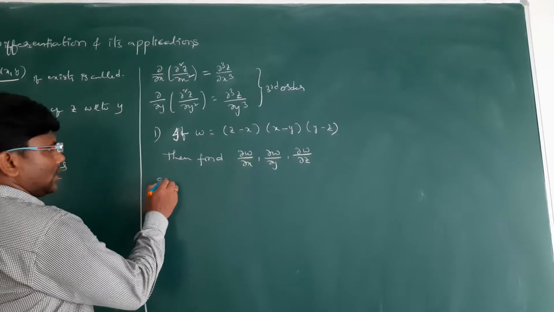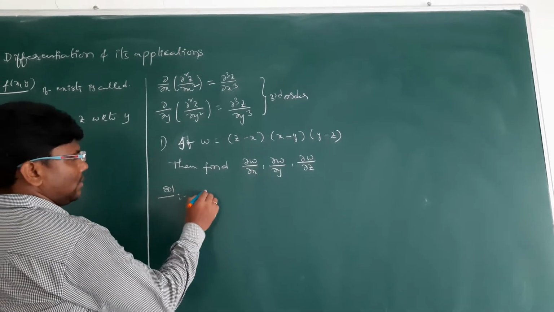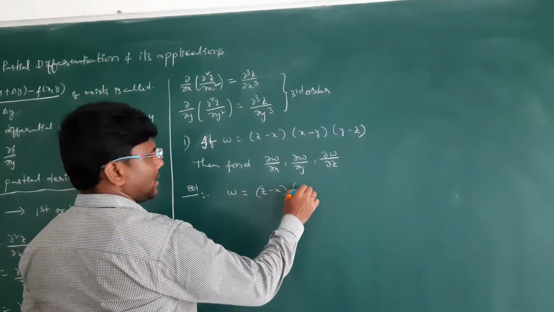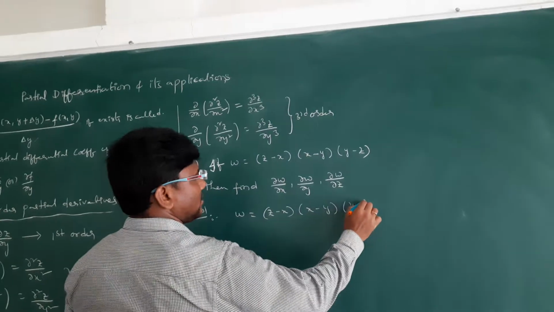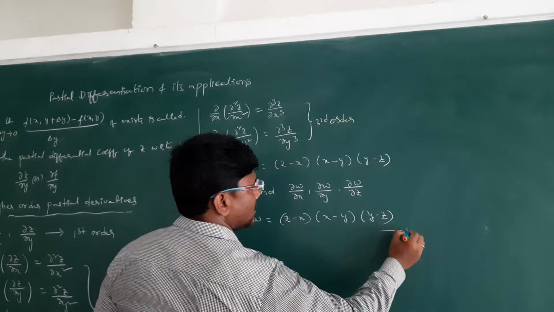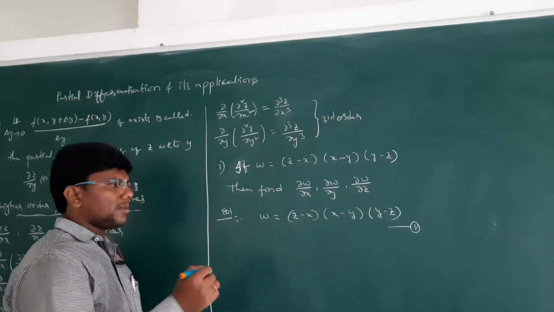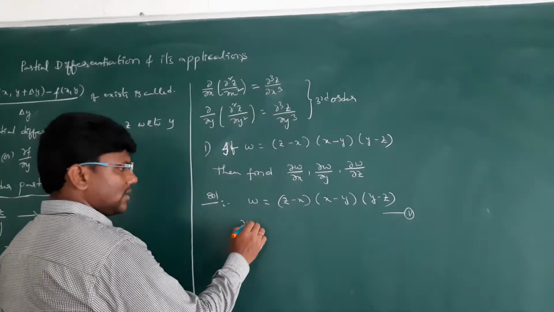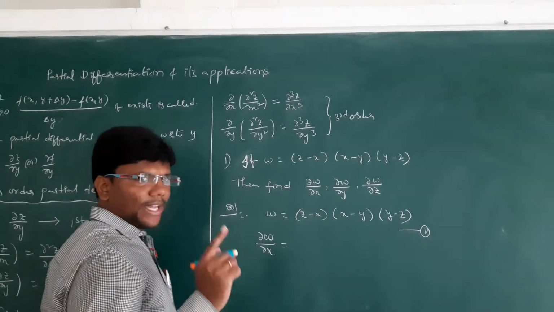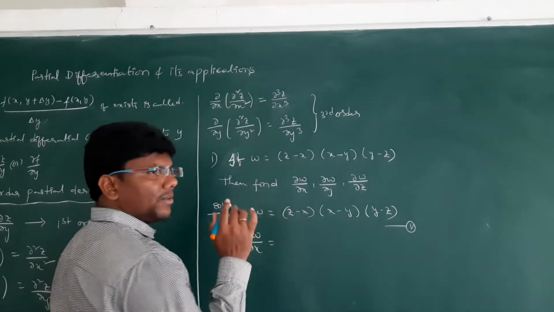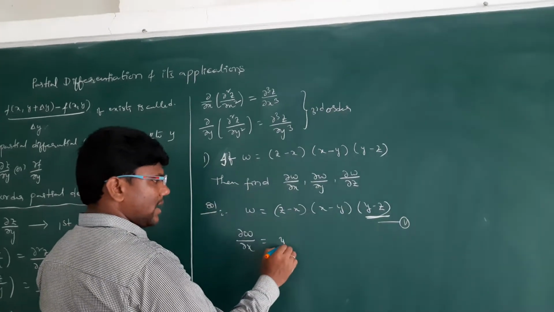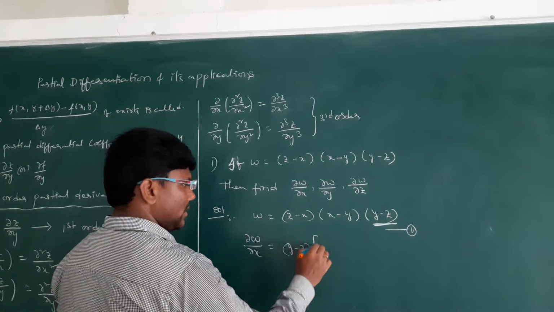Here the given solution: w is equal to z minus x into x minus y into y minus z. We take this as equation 1. Differentiate equation 1 partially with respect to x: dou w by dou x. When we are differentiating partially with respect to x, keep y and z terms constant. Here, in the factor y minus z there is no x term, so we keep it as constant.